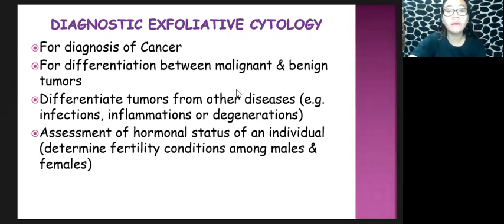Another application is the differentiation between malignant and benign tumors. Depending on the type of cells that your pathologist sees during microscopic examination, we would be able to differentiate a tumor on whether it is a malignant one or a benign one.